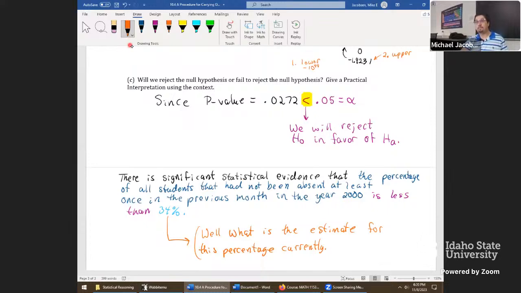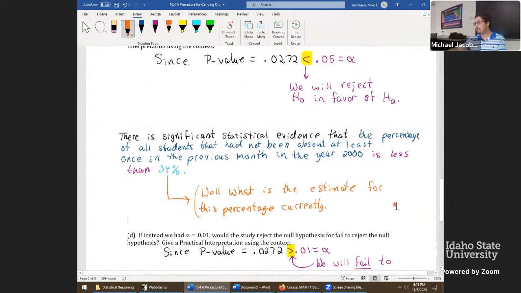So we want to think of the hypothesis test as the overall test. We found that there is a difference, that something is really less than 34%. But after doing a hypothesis test and getting a conclusion where you reject the null hypothesis, we would want to do a follow-up test.